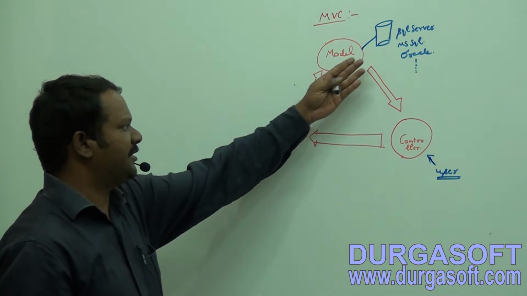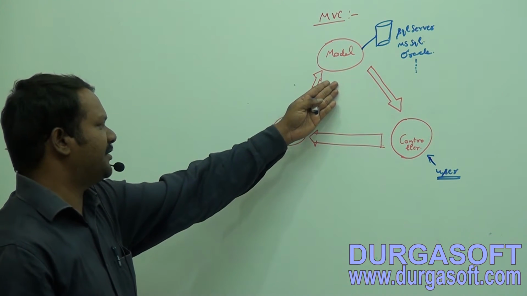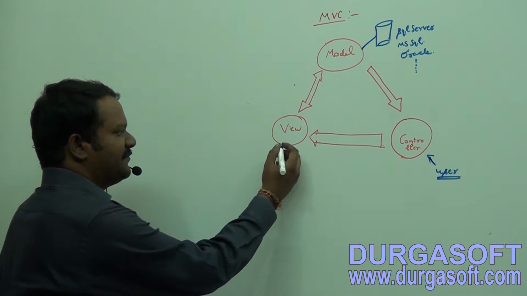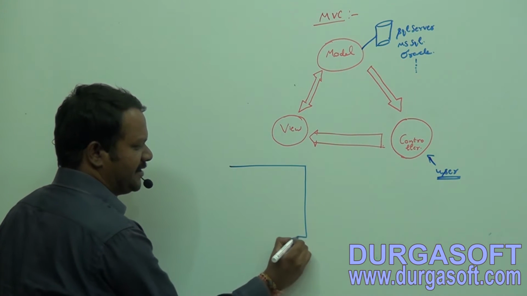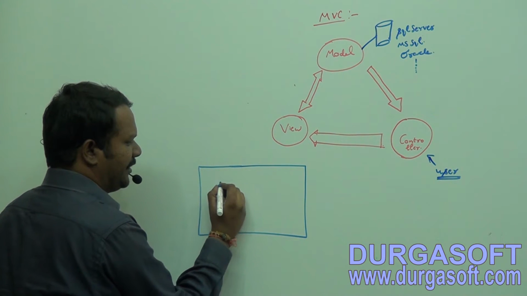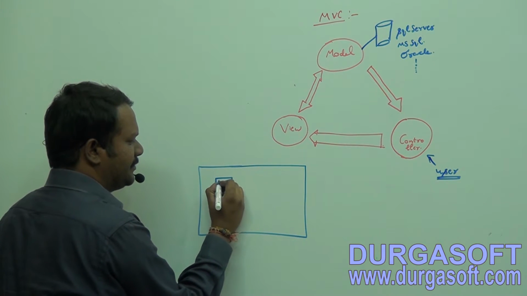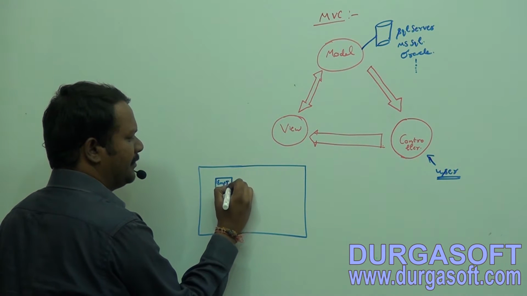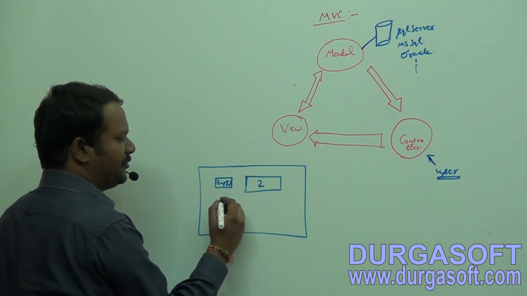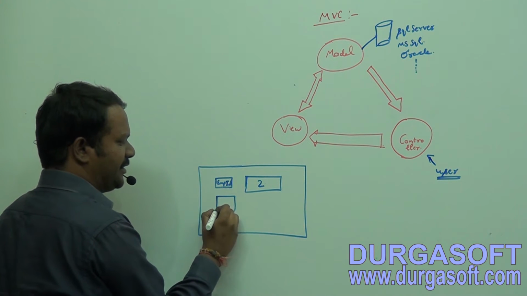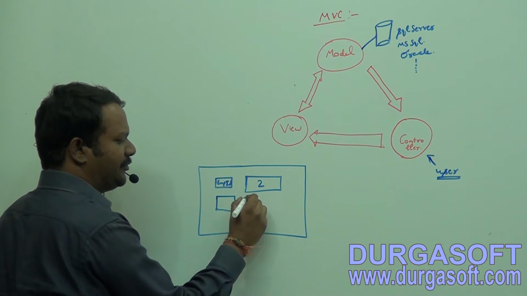What does the model do? It communicates with the database and gives the data back to the view, so that it displays the view. For example, if this is your user interface where you have an employee ID, EMP ID, and you want to update it from 1 to 2, assume you have a record 1 here and you made it 2.